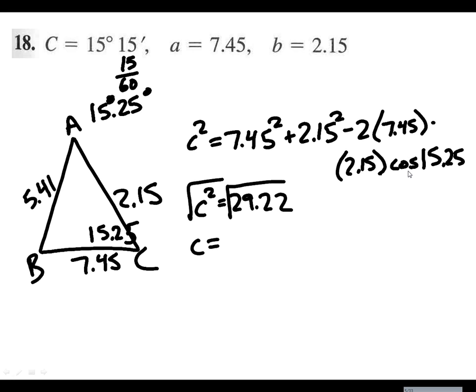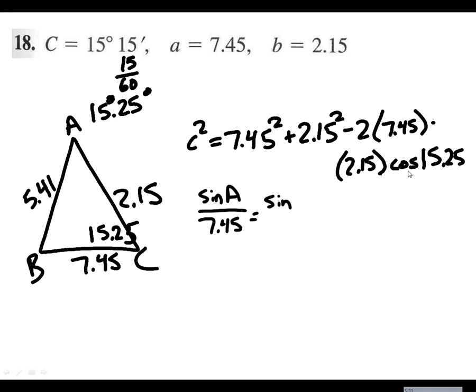Once we have that, we're all set up. We could do law of sines from here, which is typically faster than doing the law of cosines. So let's find the largest angle now, angle A. Sine A over 7.45 is equal to the sine of 15.25 over 5.41.